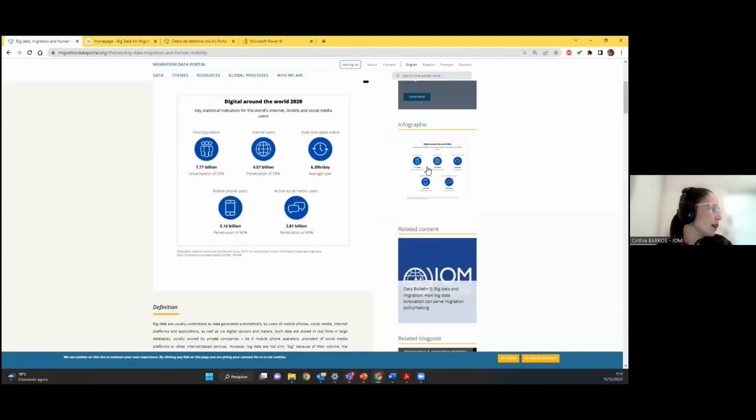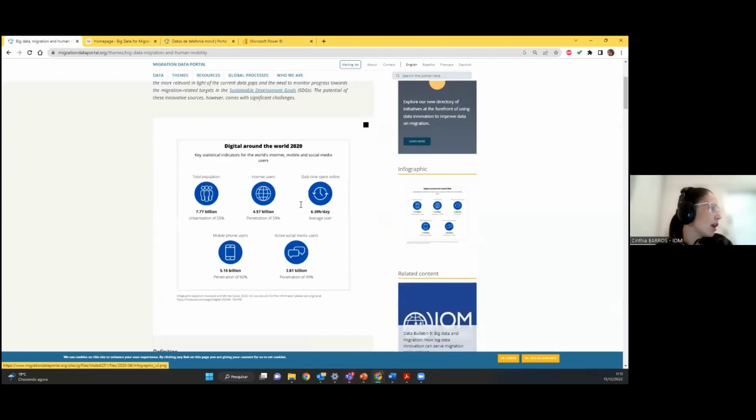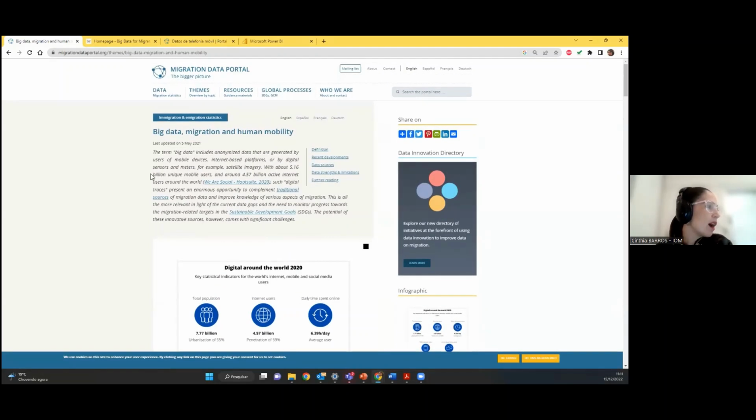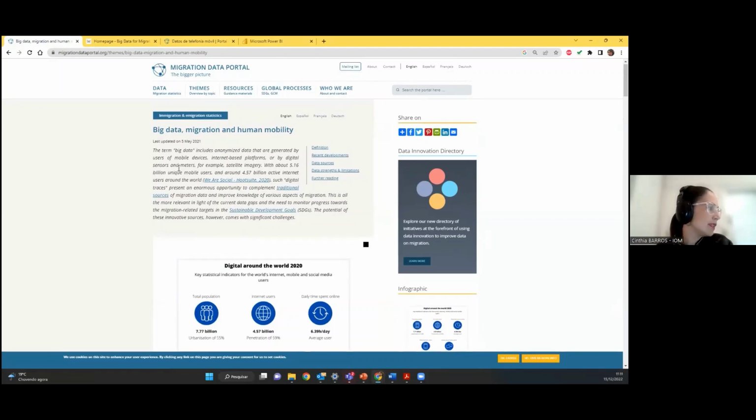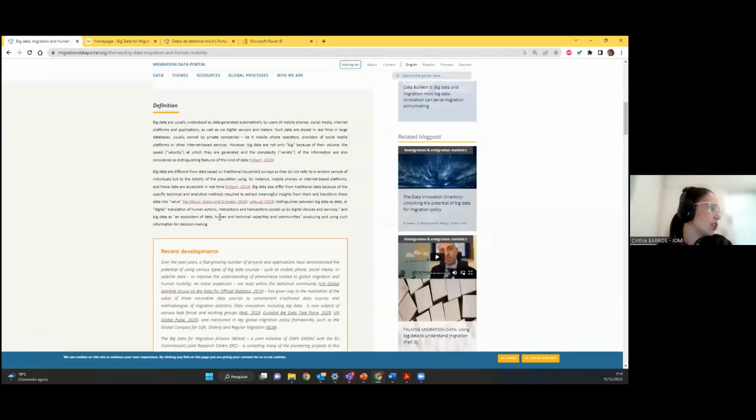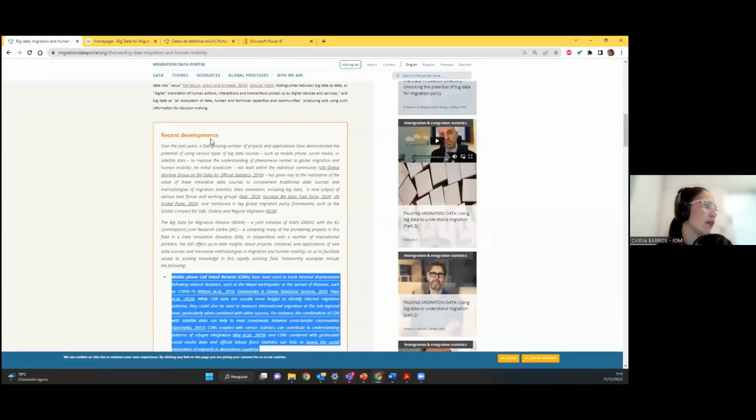So here we have what IOM does in this field: big data, migration, and human mobility. We have some definitions, recent developments all around the world.